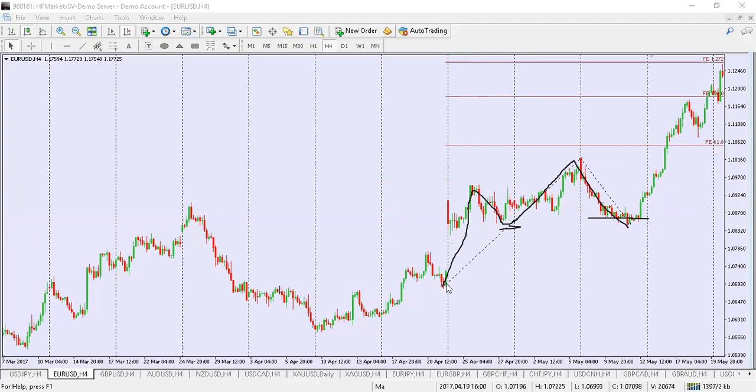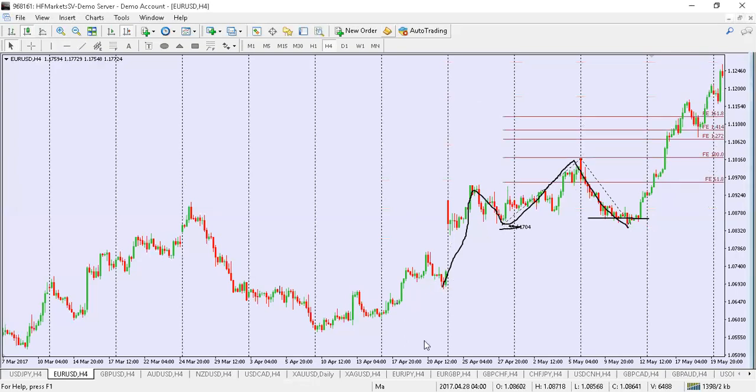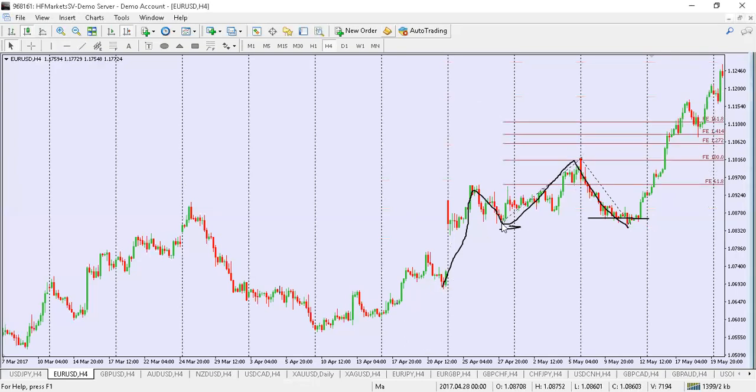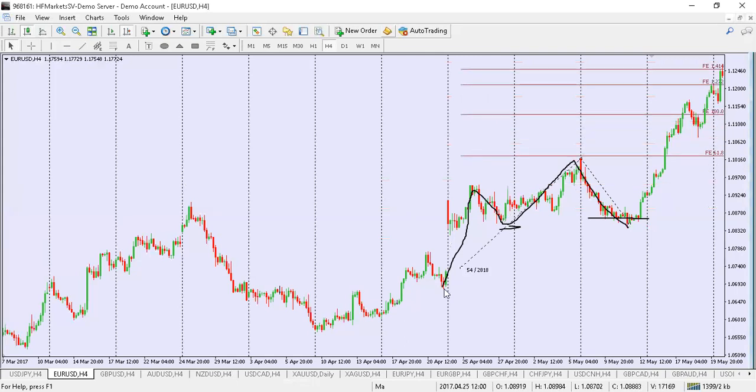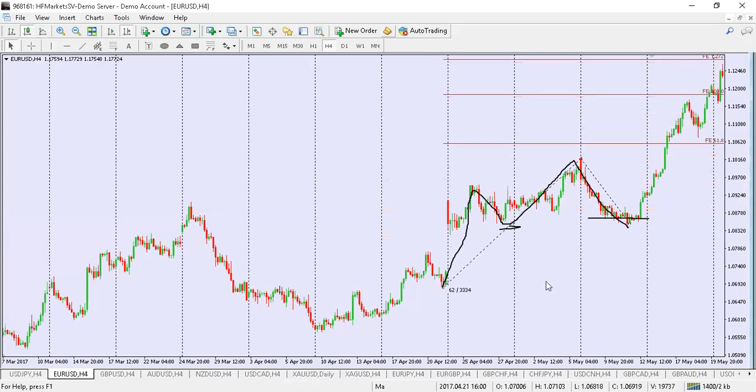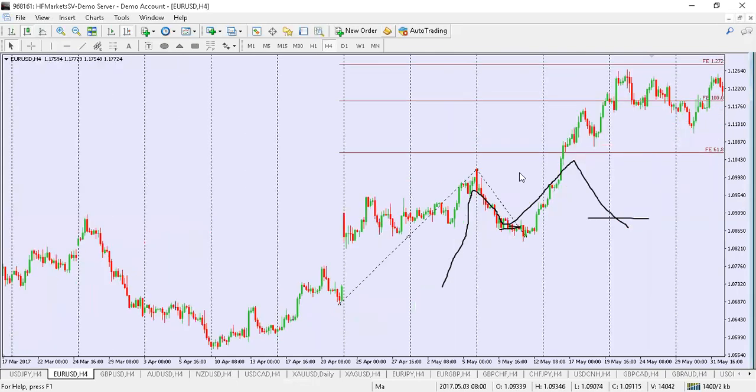If I decide to listen to that person, I'll have it like this. If I decide to go with what I have, I'll take it from here. Then I'll be looking at these points here, this and that, as my possible points of reversal.